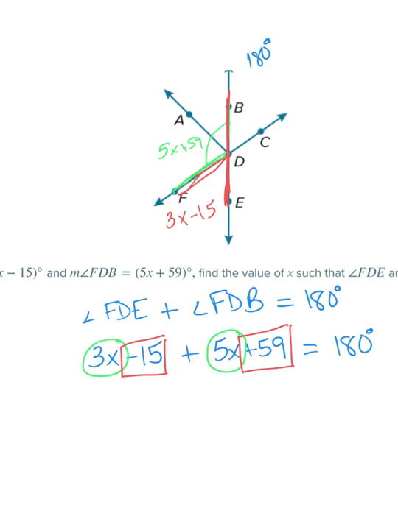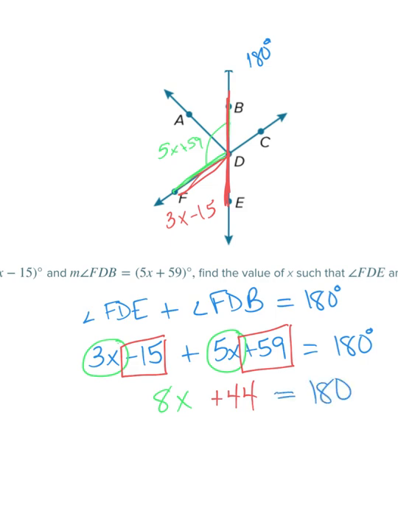Let me grab my calculator here. A negative 15 plus a positive 59 gives me a positive 44 when I add those together. And then when I add my x's, 3x plus 5x gives me 8x. And of course, together, they equal 180.